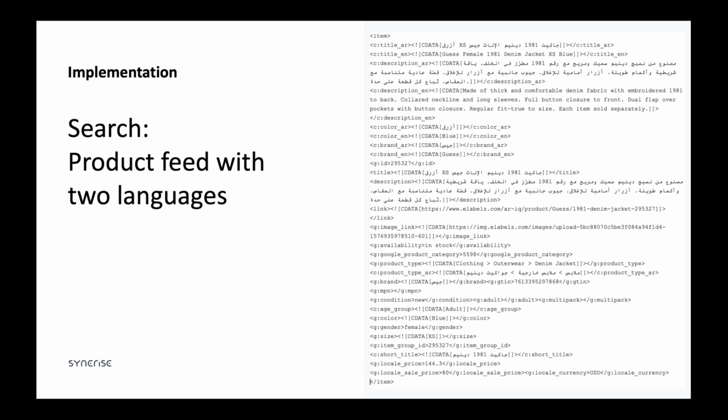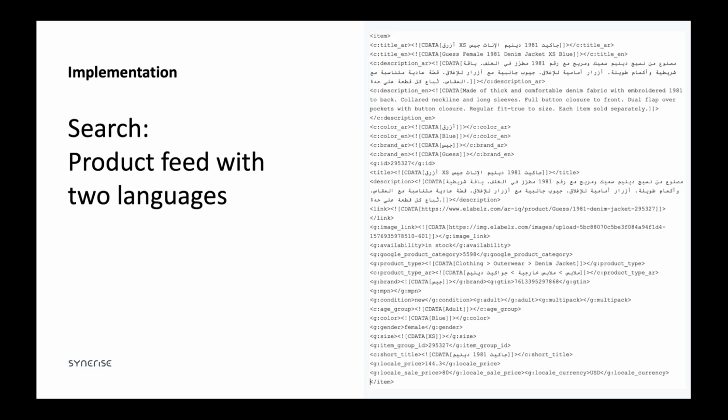I've mentioned that we needed separate feeds for each market, but that's not all. As you saw, there are two languages on the website, so we need to get such information in the feed as well. Especially since during integration, the customer came up with a requirement that even if you are on the English version of the website, the customer should be able to search Arabic words as well. So that's why we have to get two languages in one product feed.